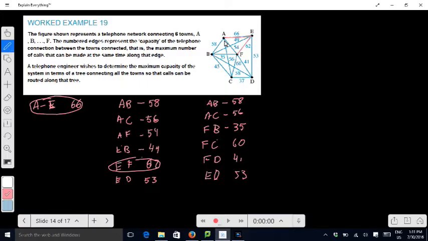So in this case, here's my second option, F to C is the best one for the maximum. Now I've got A, B, A, F, E, and C.